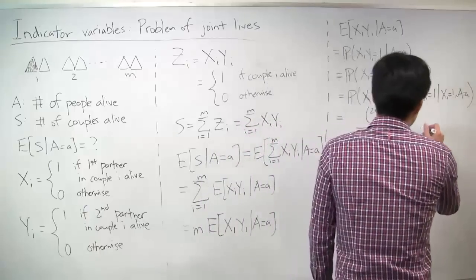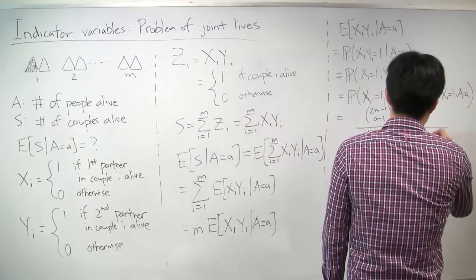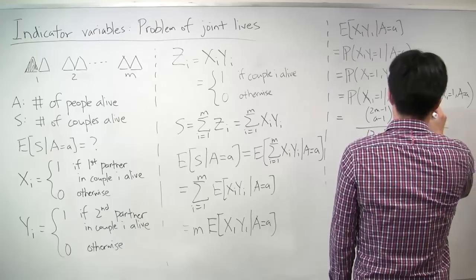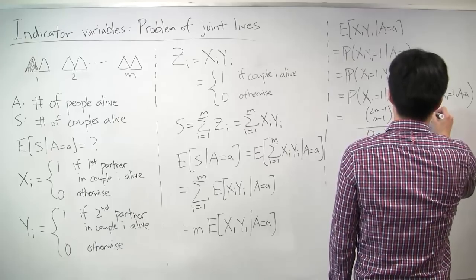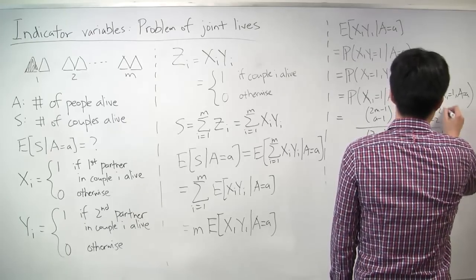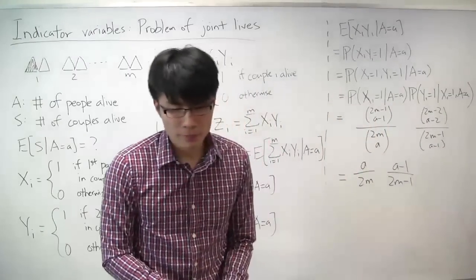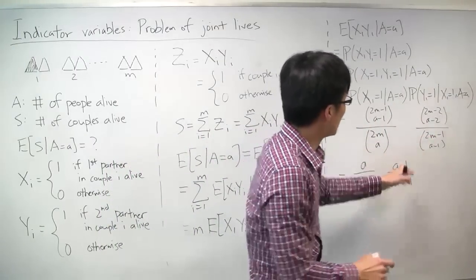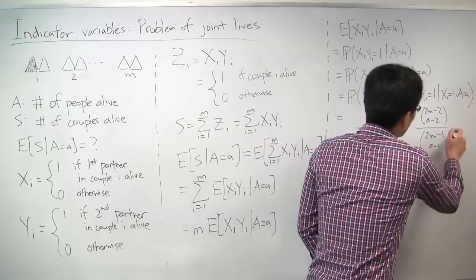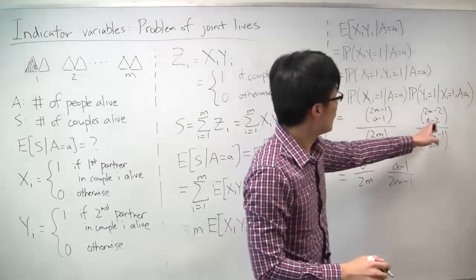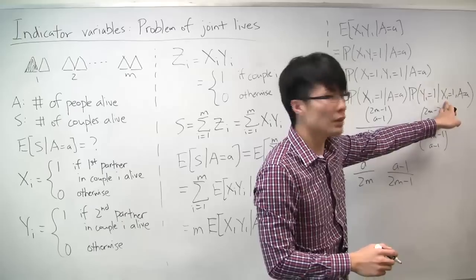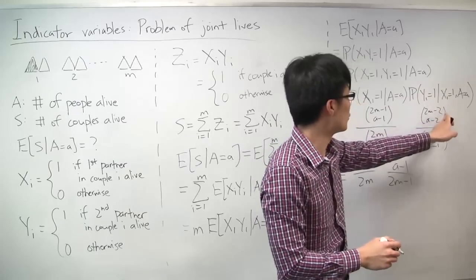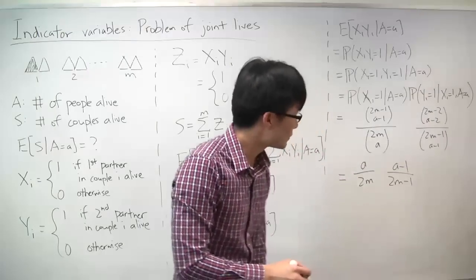And if you calculate this, you will also get something similar. The only difference you notice here is that the fact that the first partner in the first couple is known to be alive removes one of the slots available.